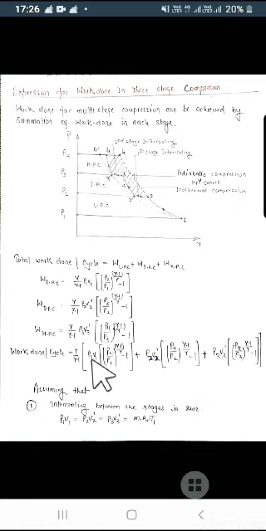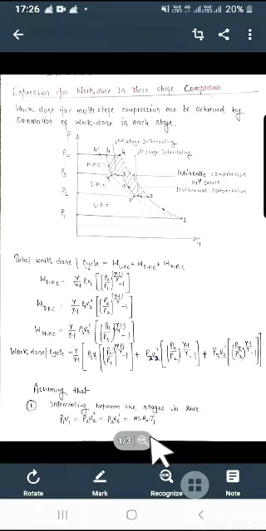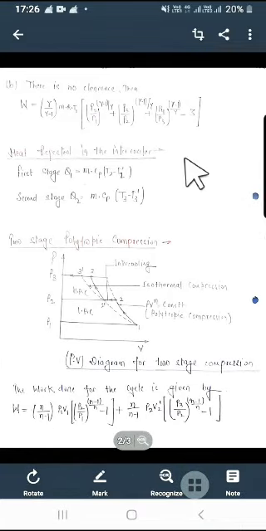After putting the values of P1 V1, P2 V2', P3 V3', we get the expression of work done equal to γ/(γ-1) mRT1 [(P2/P1)^((γ-1)/γ) + (P3/P2)^((γ-1)/γ) + (P4/P3)^((γ-1)/γ) - 3].